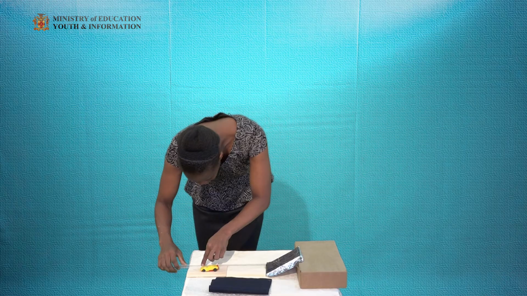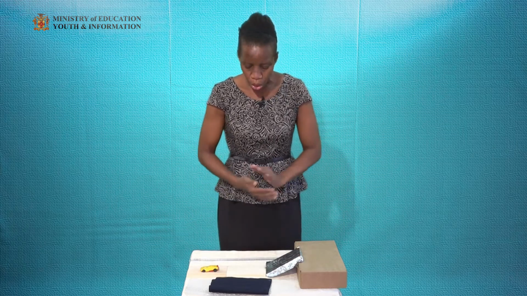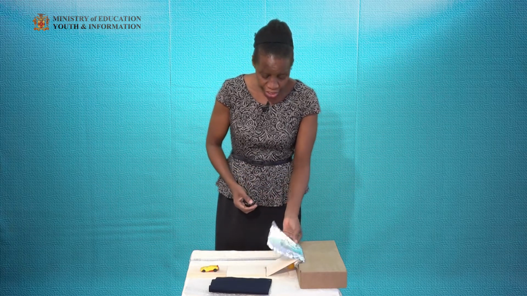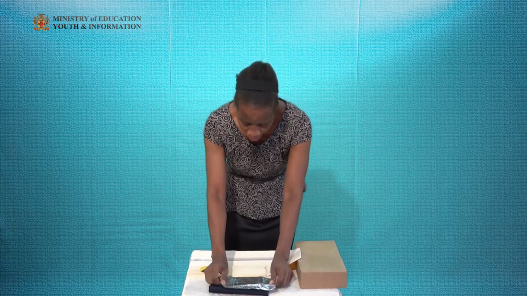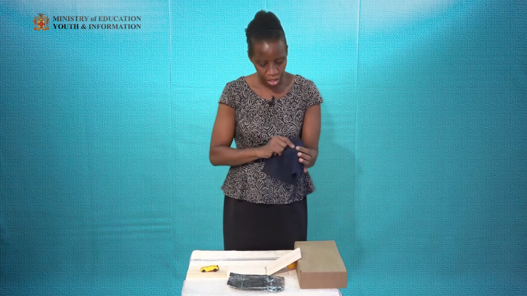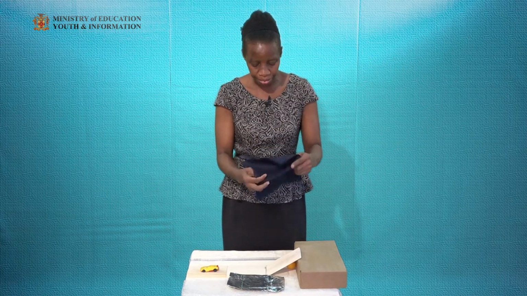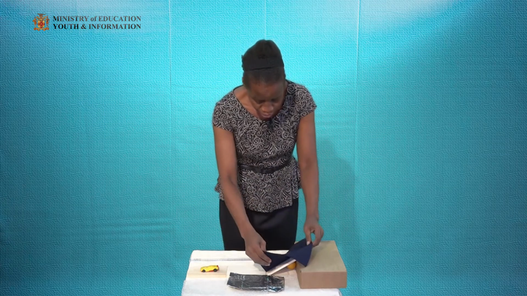So this seems to be about 26 centimeters. I hope you remember that. All right, so what should we do next? We can change the surface. So we're going to move now from using aluminum foil to using this piece of material here. Fabric is a better word, which is a bit rough.